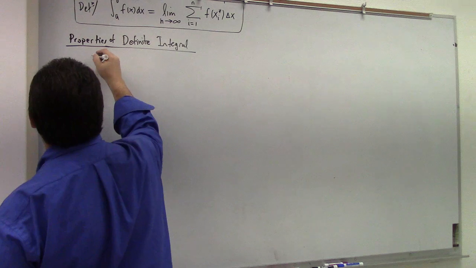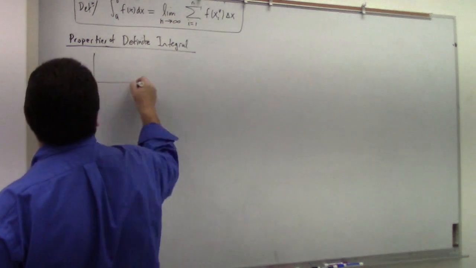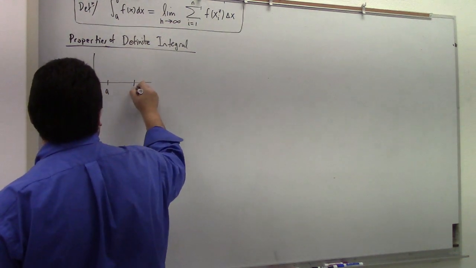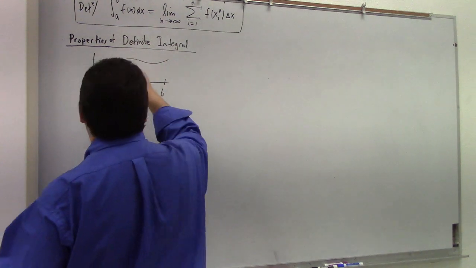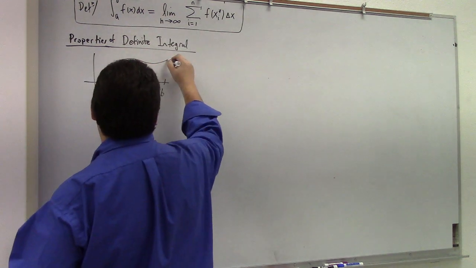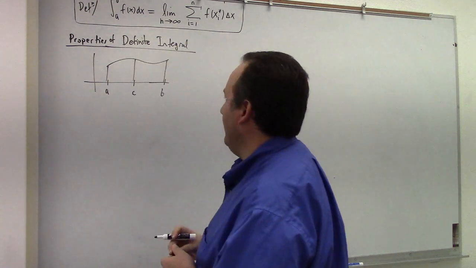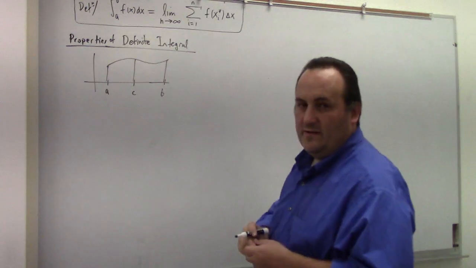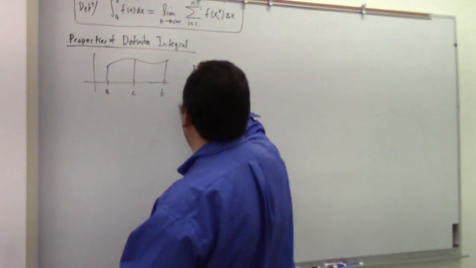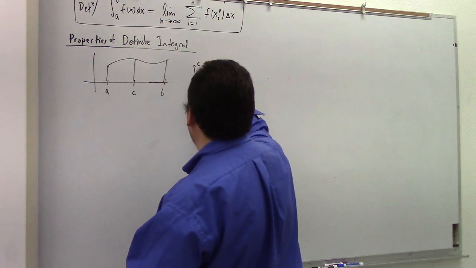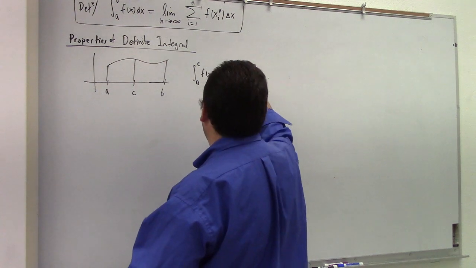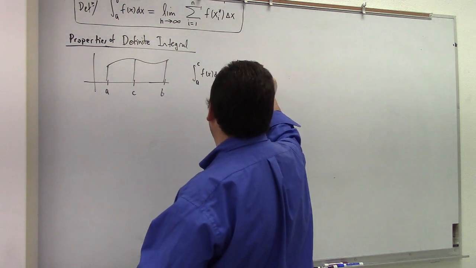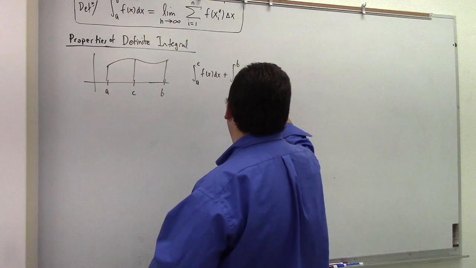So here's one. If this was A, and this was C, and this was B, you guys tell me, what would the integral from A to C of f of x dx plus the integral from C to B of f of x dx be equal to?